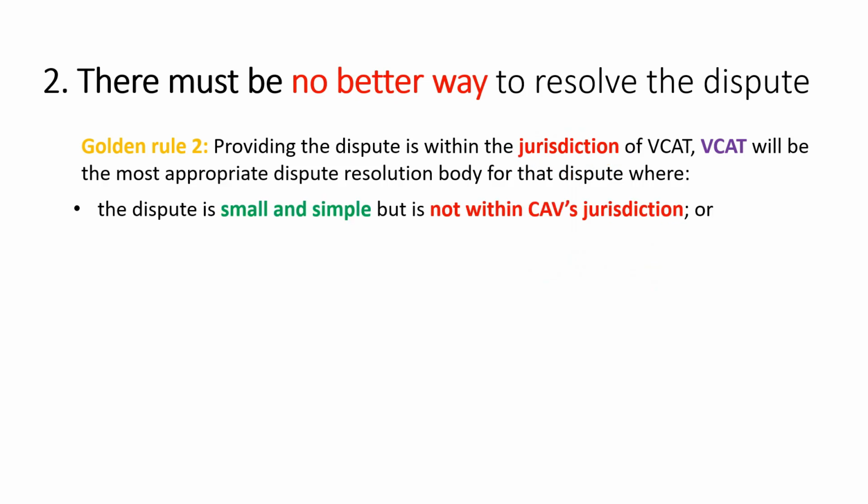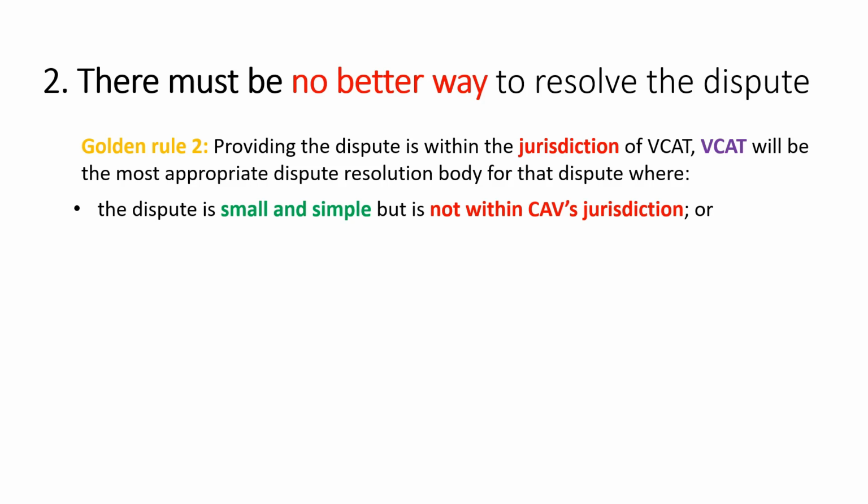This brings us to the first limb of the second golden rule. This is that, assuming that VCAT has jurisdiction to deal with the dispute, then VCAT will be the most appropriate body to deal with the dispute where the dispute is small and simple but is not within the jurisdiction of Consumer Affairs Victoria. Why is this?